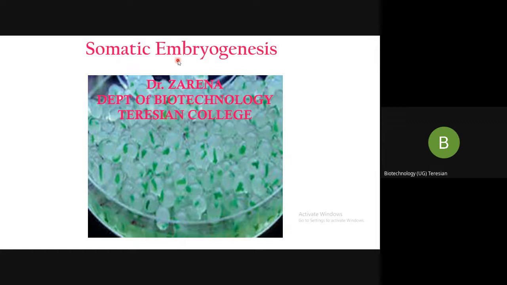Whereas in indirect embryogenesis, we said that because of the callus formation, there can be some variation occurring. And this is because of some stress or the physical condition or certain media we are using or the mutation happening during your subculturing. This can lead to indirect embryogenesis, which often leads to somaclonal variation.